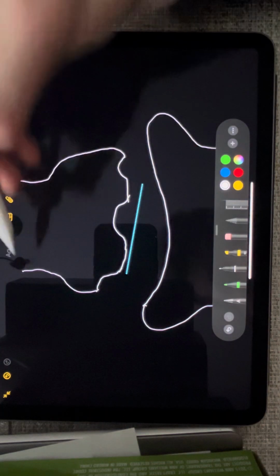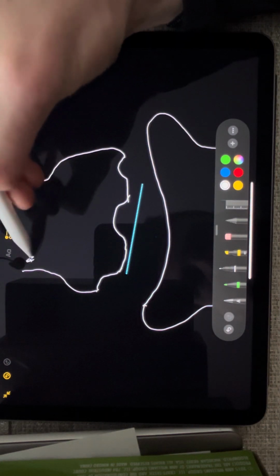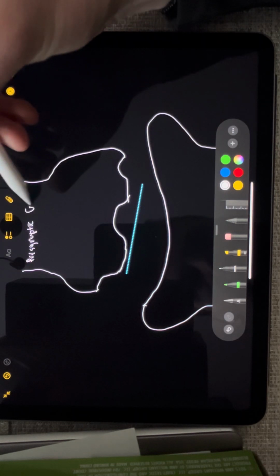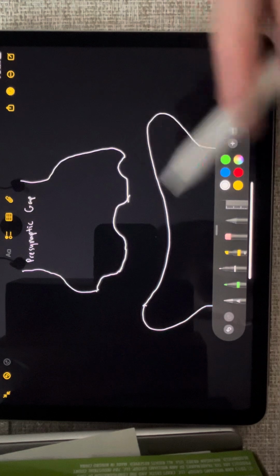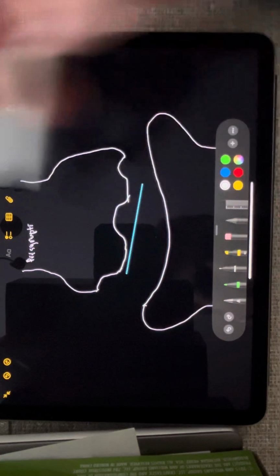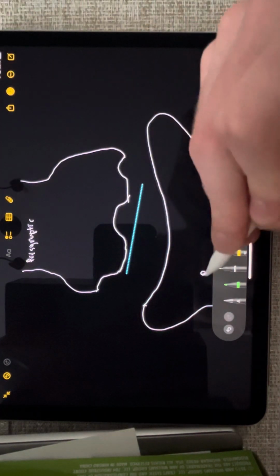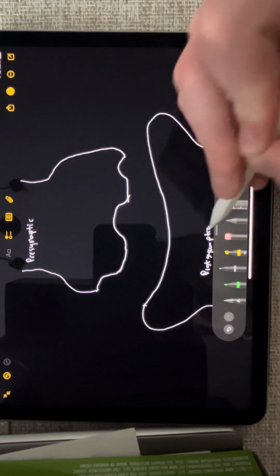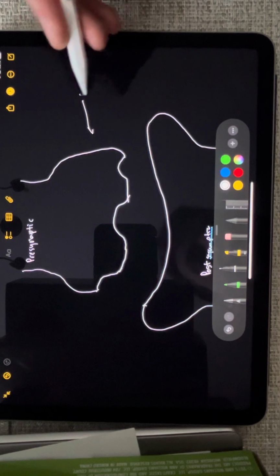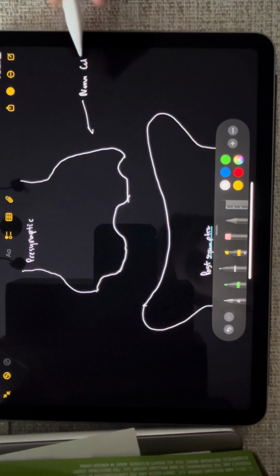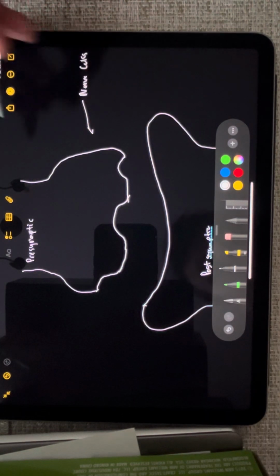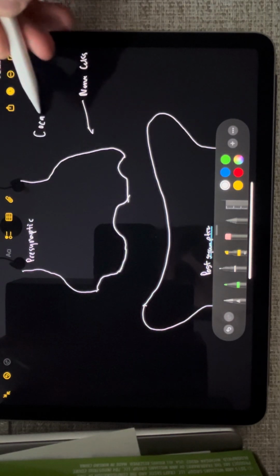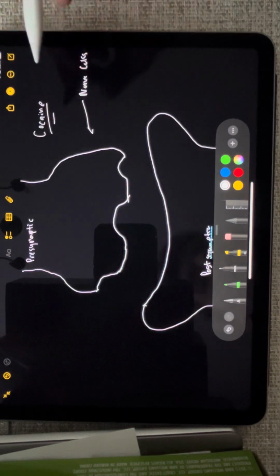This is going to be, as we said before, the presynaptic terminal, and this is going to be the postsynaptic. Again, these are nerve cells. And this is for a cell that would be under the presence of cocaine.